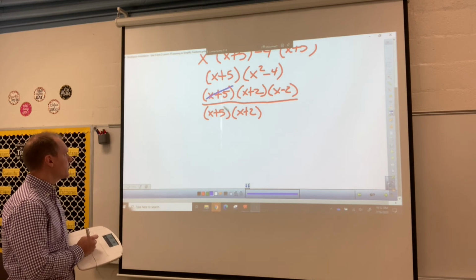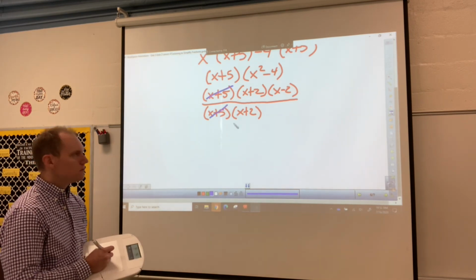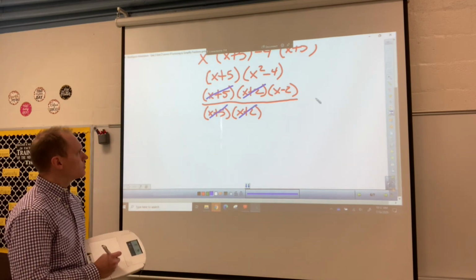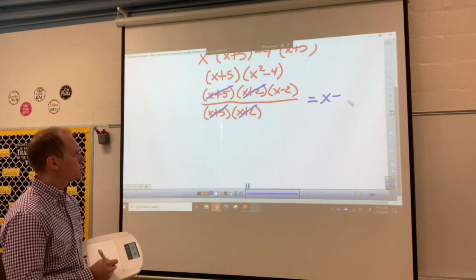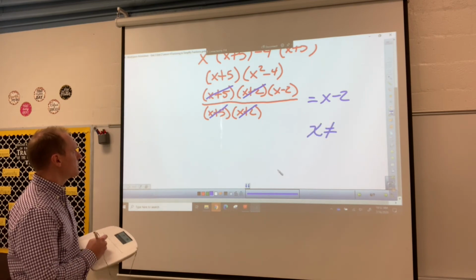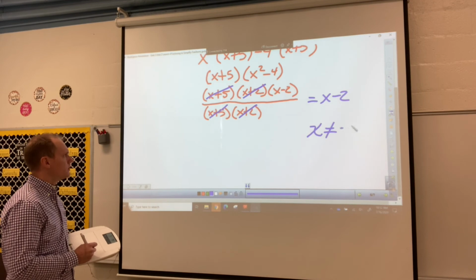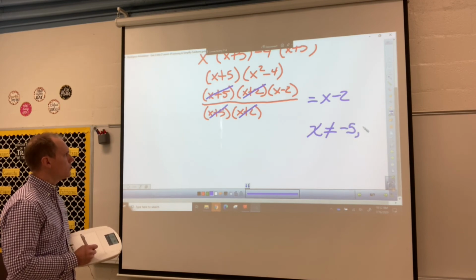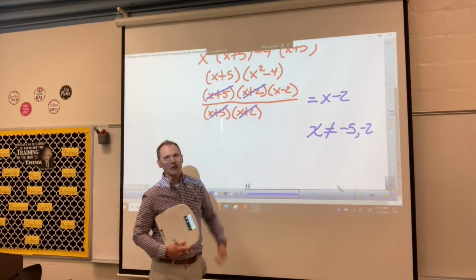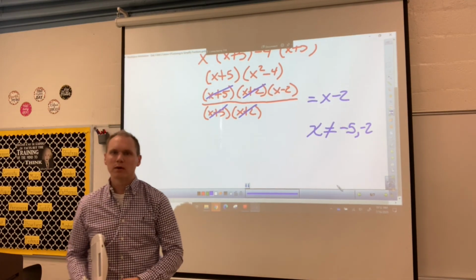X plus 5 divided by x plus 5 is 1. X plus 2 divided by x plus 2 is also 1. So our final result here is going to be x minus 2. Let's go ahead and state our restrictions though. This is the case as long as x is not -5 or -2, because those are the values that make us divide by 0. So something to keep in mind there.